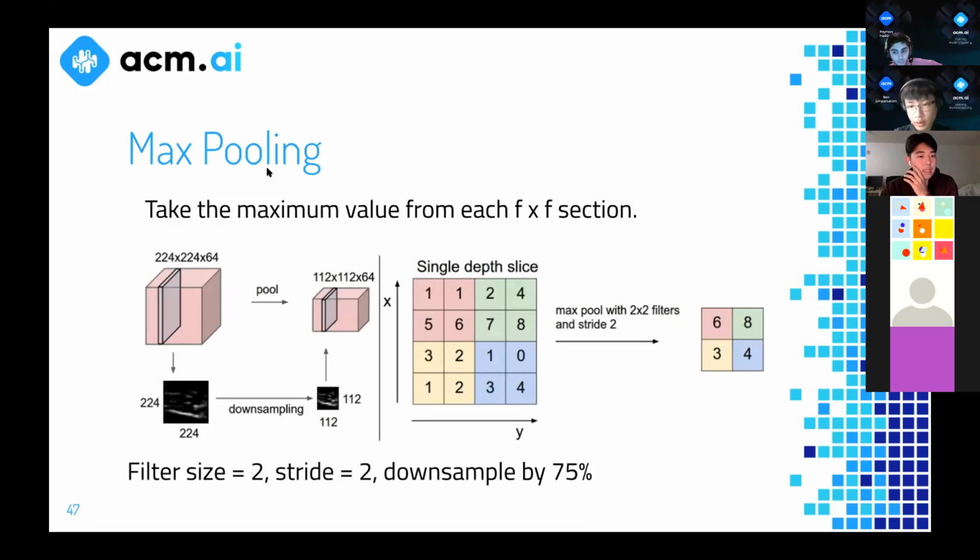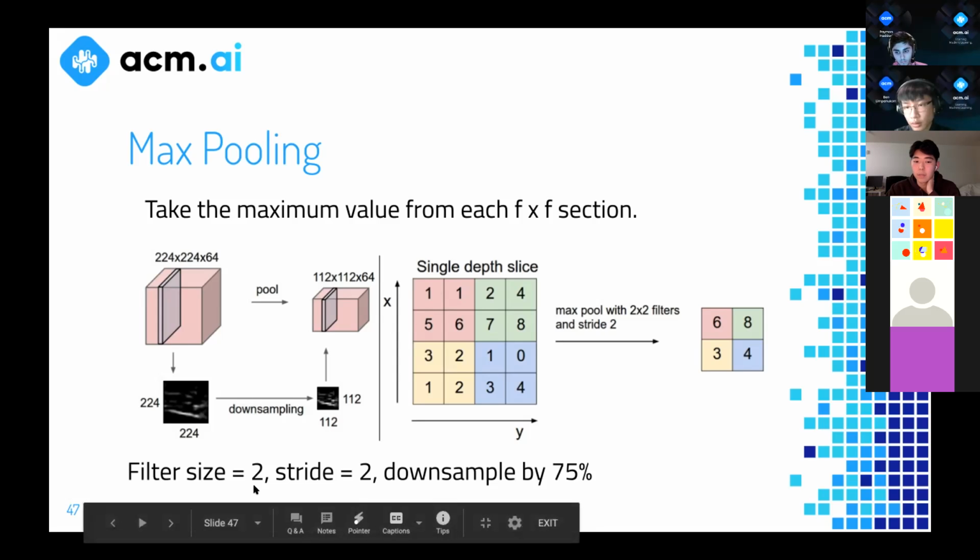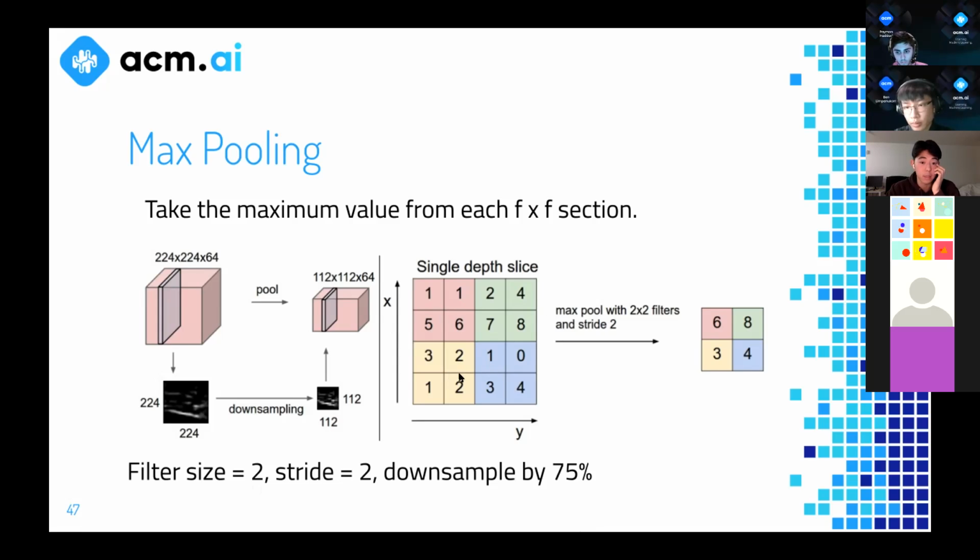Max is what it sounds like. We're taking the maximum value from a particular portion of our input data. So if we consider a slice of our input and we have an f by f, like 2 by 2 pixels, we can see that when we use a filter size of 2 and a stride of 2, we have 4 partitions of our image.